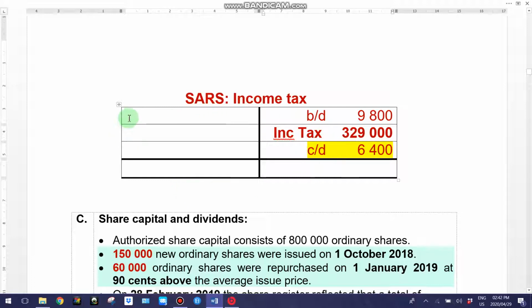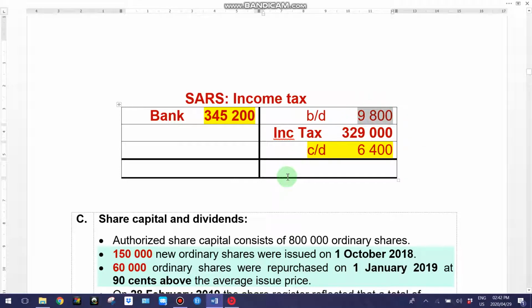So now I am looking for a figure on this side here. That would be my bank figure, the missing amount. This would be the amount that I'm looking for, and that's my tax paid for the year. So this is a simple way of finding out the total tax paid for the year. Looking at it again carefully, my income tax for the year was 329. That's not the tax that I paid. I need to see this opening balance.